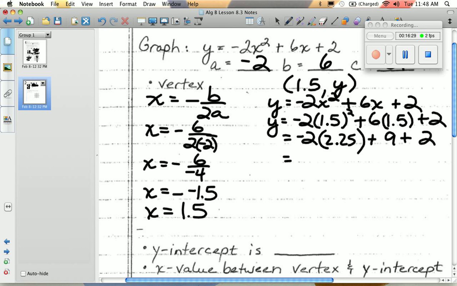In other words, I'm trying to multiply -2 times 2.25 without a calculator. You borrowed $2.25 twice from somebody. How much money do you owe them? $4.50, so it's -4.50 or -4.5. Plus 9, plus 2.